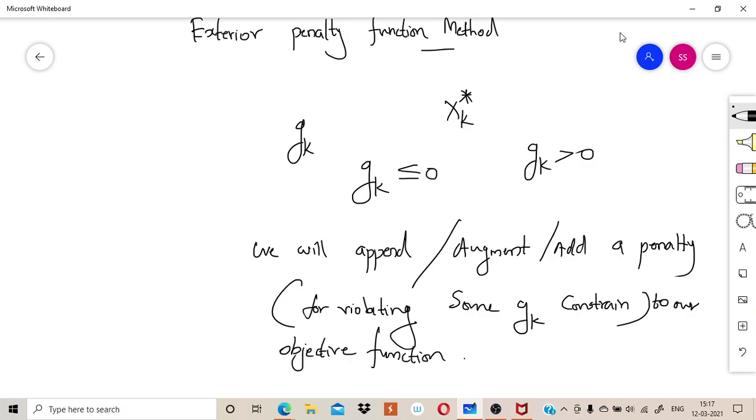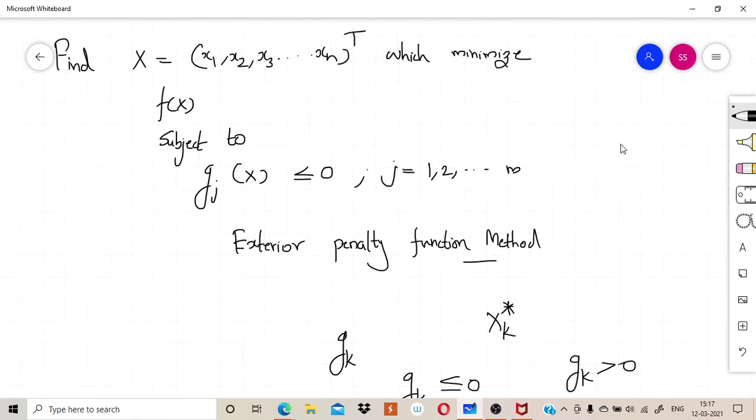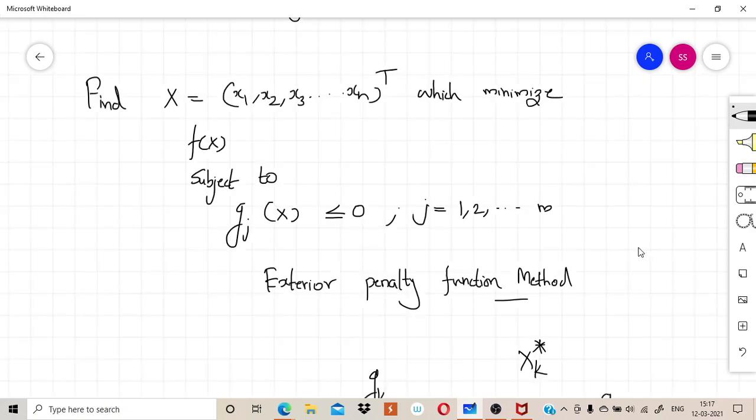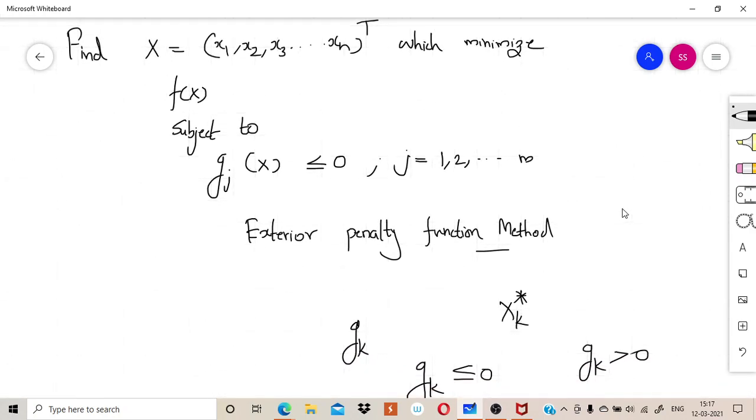So I will repeat once again how we will proceed in CPP. If you have this standard form of CPP, then we will treat it as an unconstrained nonlinear programming problem with objective f of x, and we will proceed.